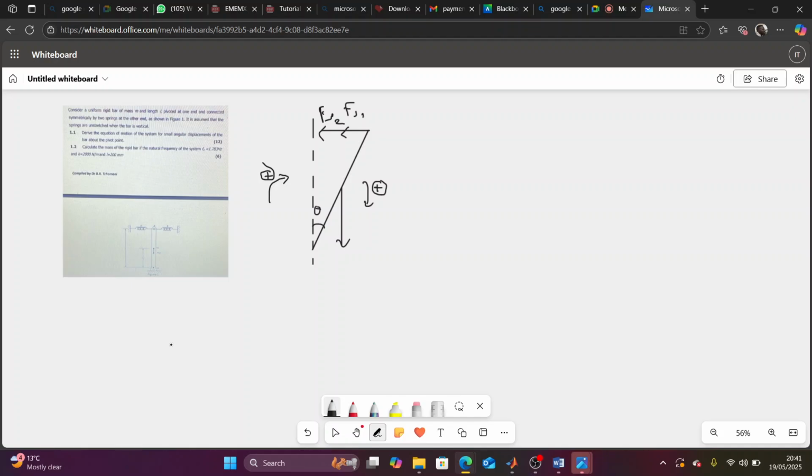Now, what do we do, guys? We know the step. We go again. Sum of all the moments about the pivot point O, which is this one down here, of all the external forces is equal to the moment of inertia of the system multiplied by theta double dot. Are we together on that one? So what are the forces that we have here, Andile?